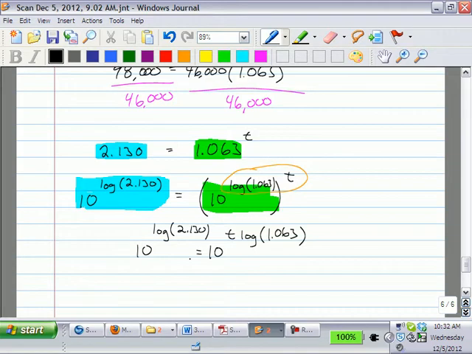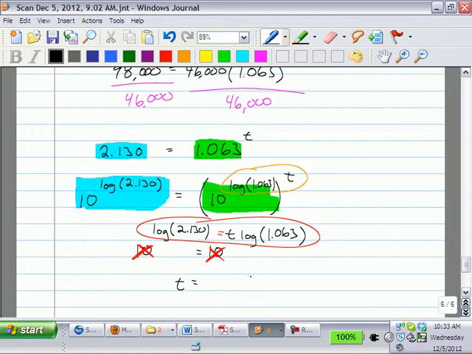Okay. What do you do with the tens, Andrew? If both sides are equal and both sides are in base 10, then the exponents have to be equal. So you're right on with that. You can actually get rid of the tens at this point. Solve for t.